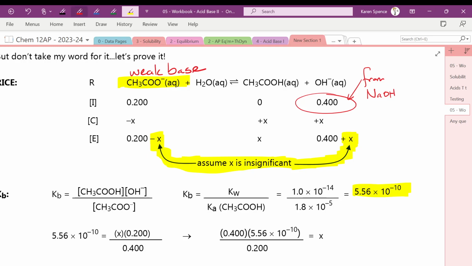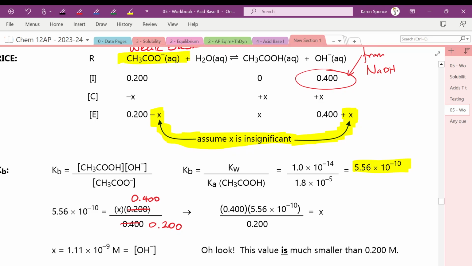Yes, I did. This should be 0.400, and this should be 0.200. Okay, which means that when we solve for x, this should be 0.200, and this should be 0.400.